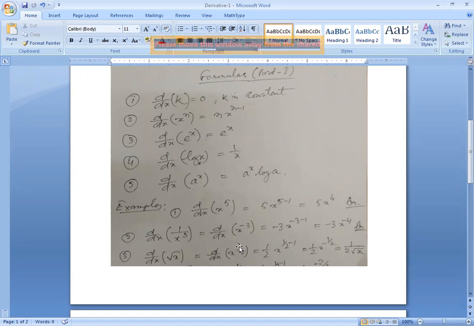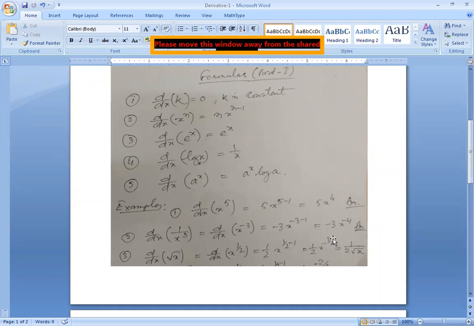So according to the formula, we get half into x to the power n minus 1, that is half minus 1, which means minus half. So the result is half into x to the power minus half.